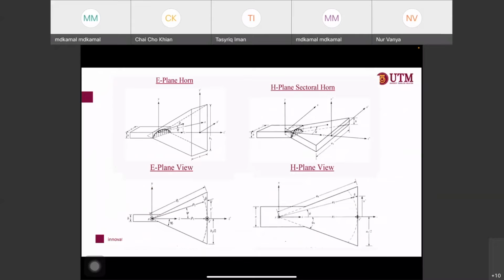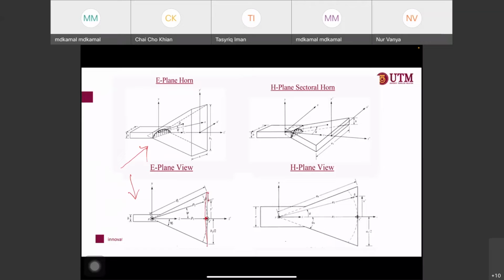Okay, what we can see here is the structure of your E plane, H plane, and the view of your structure. So if you look here, the E plane view here, you got this one. So you need to find out what this horn is here, and you have the value here.